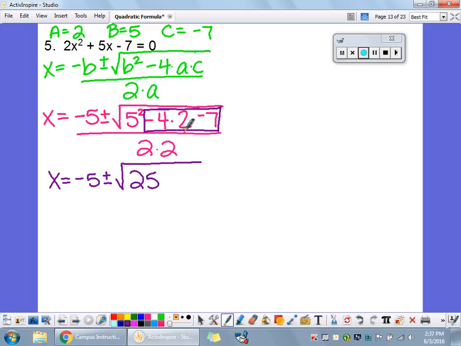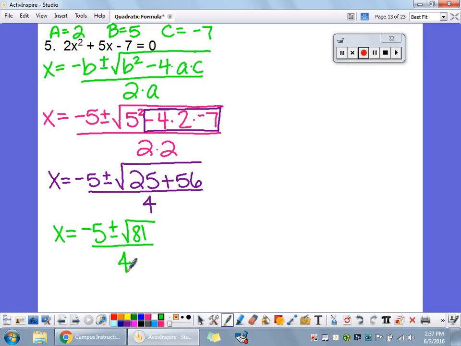So -8 times -7 is positive 56, and then 2 times 2 is 4. Okay, our discriminant isn't finished yet because we need one number underneath the radical sign. So we're going to simplify that part. -5 plus or minus the square root of 81 over 4. And the next part again is to look at the radical.